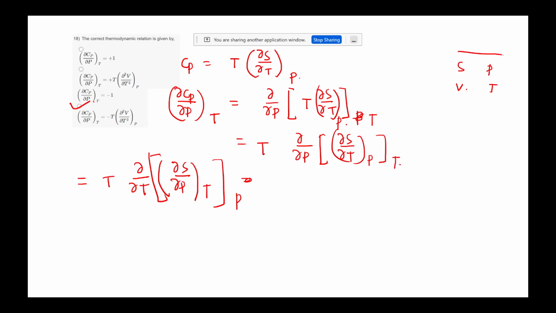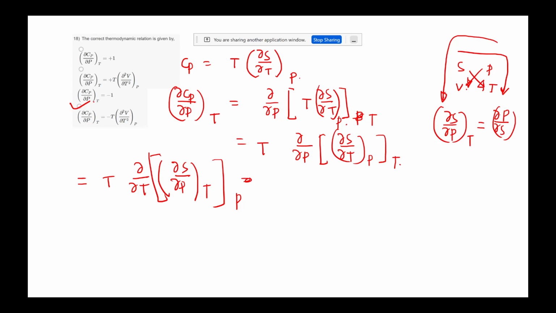Now this is just like this. So all are downward, so their relations will be positive. Then del S del P at constant T will be del P del S, or something. Both will be minus, so positive.